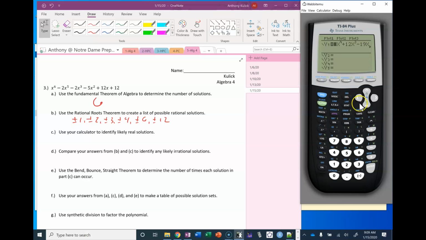Well, 12 is a factor of 12. The constant term is 12. So now let's type this in and make sure we can see our picture.